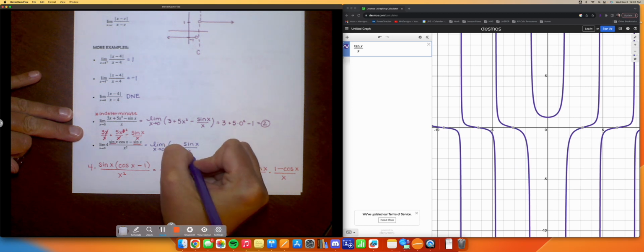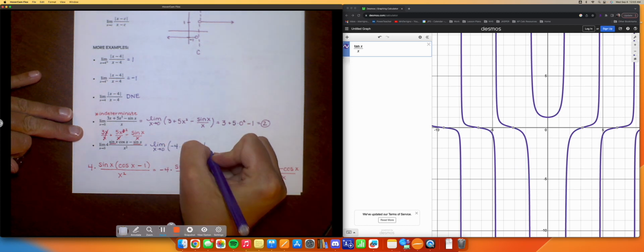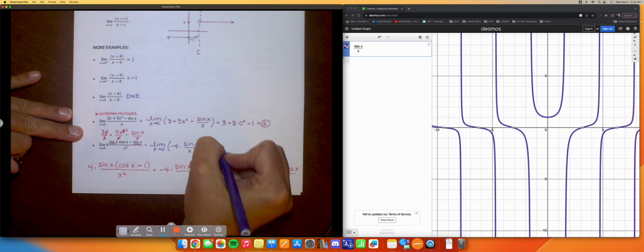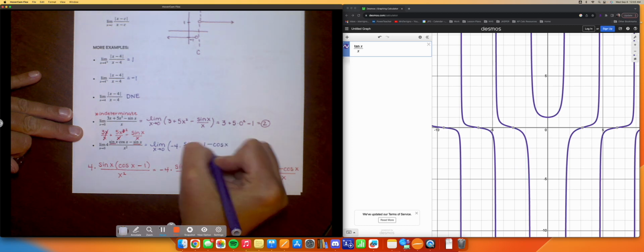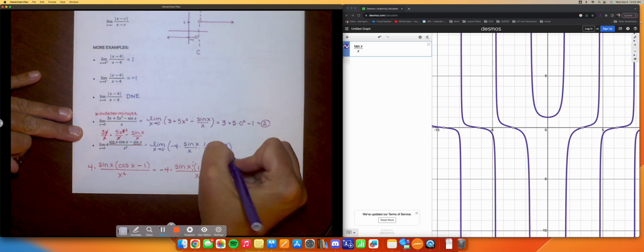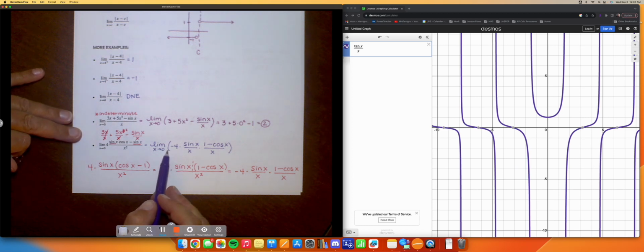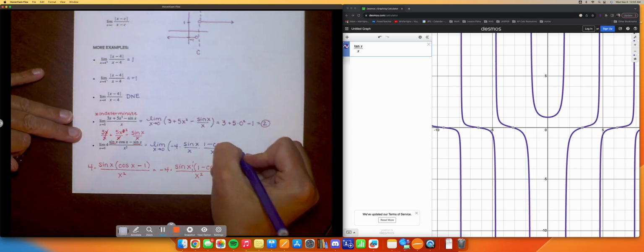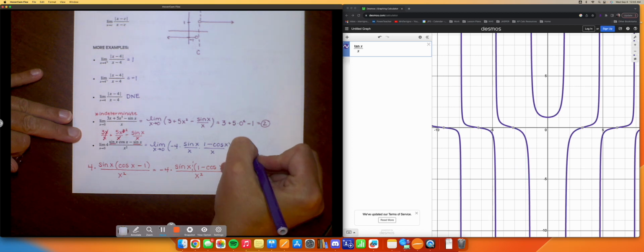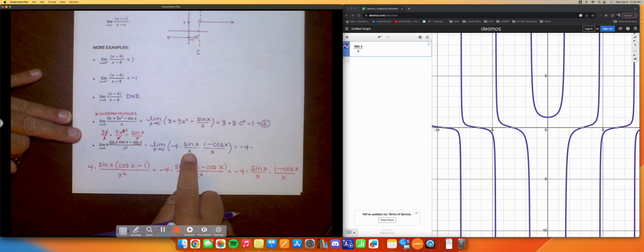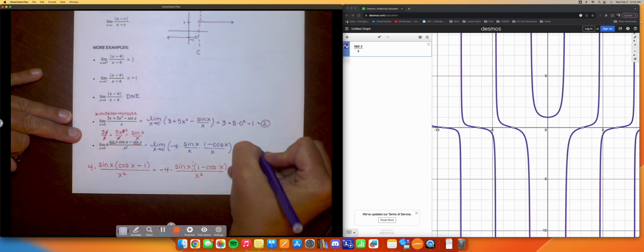This one, when we get to the end of it, is going to feel like, man, why did we do all this work? Because it works out so easily at the end. Okay, so this first limit's just going to be a negative 4 times sine of x over x, as we're approaching 0, is 1.